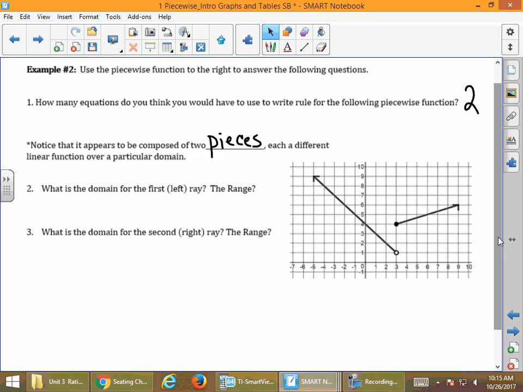So we start with our left ray, we start here at 3, 1, and we continue in the left-hand direction forever and ever. Our right-hand ray, we start here at 3, 4, and we continue towards the right forever and ever. So what is our domain for our left ray? We can say that it is x is less than 3.